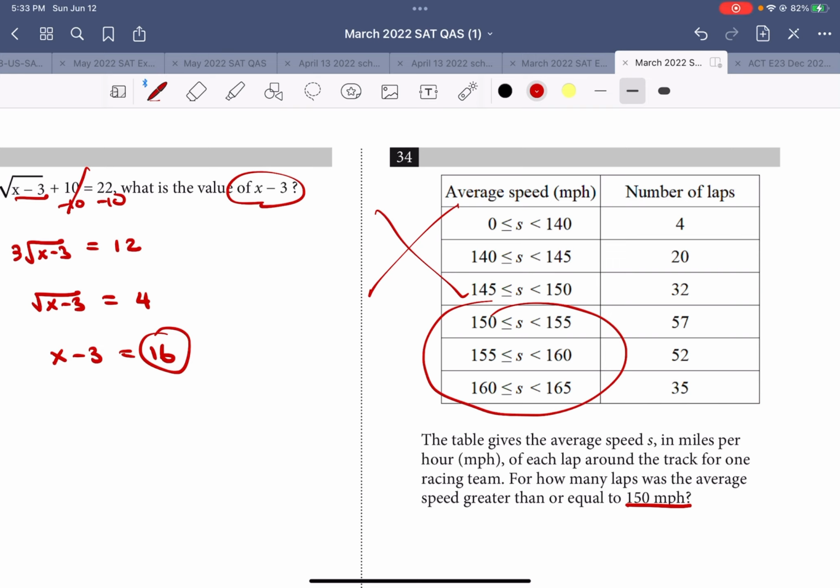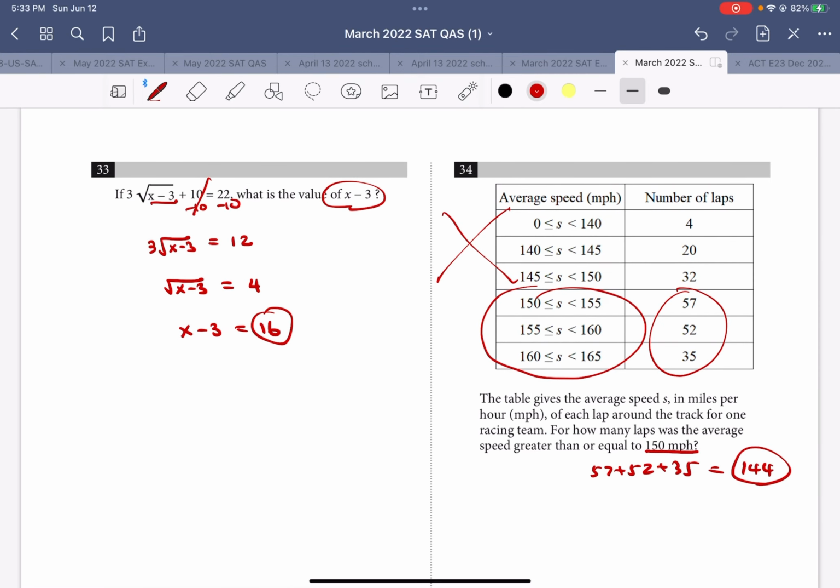Because they ask for how many laps the average speed was greater than that, you just add up: 57 plus 52 plus 35 will give you 144. That will be the answer. Okay, they just ask in the table, average speed is over 150, and then how many laps? So that's a total of 144 laps.